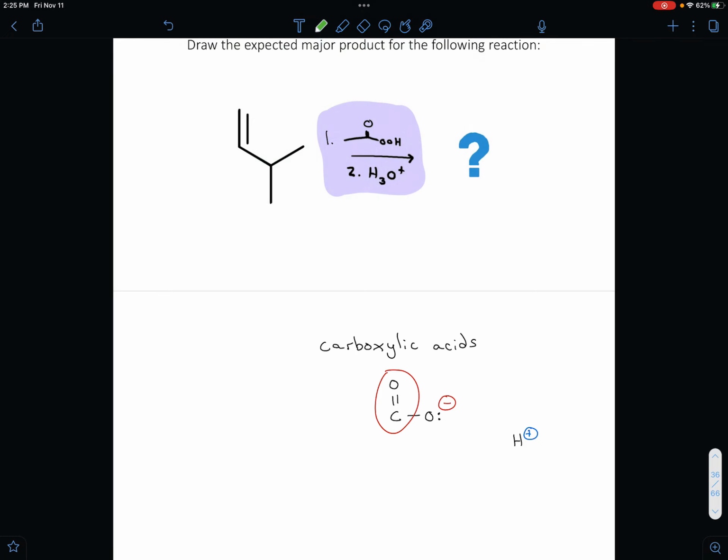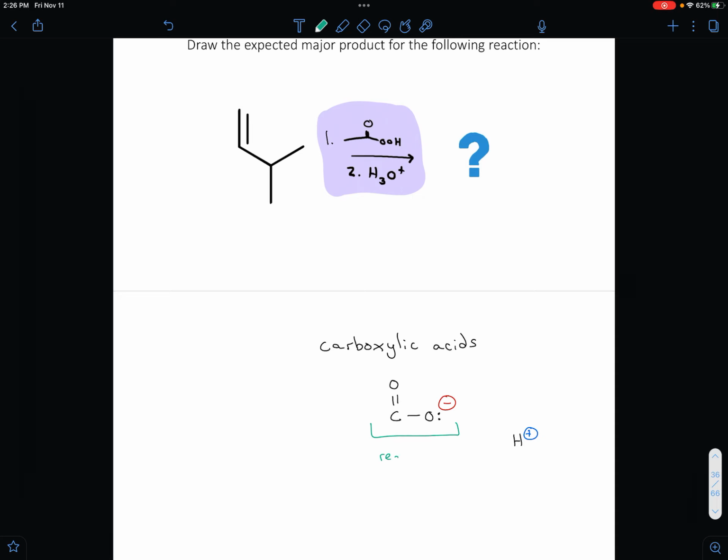So you could imagine that lone pair waving around as a p orbital that would be parallel with the p orbitals on this carbon and this oxygen that are making that pi bond, so that the negative charge really spreads out over all three of those atoms through resonance. It also spreads out a tiny bit through induction because of the electronegativity of this oxygen.